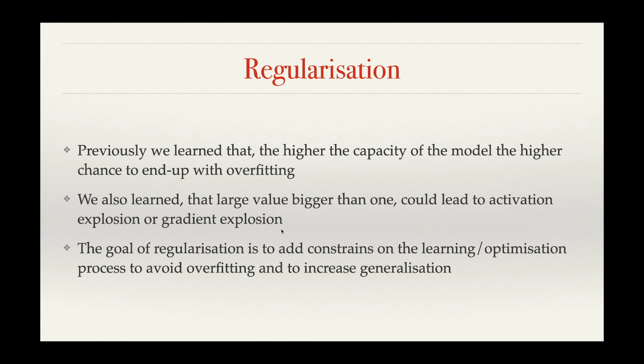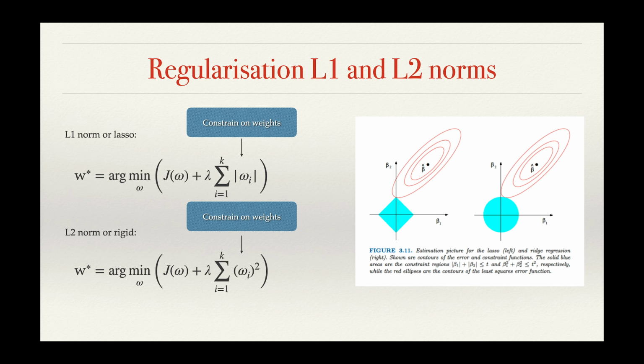We need to make sure that our weights are as small as possible, because the bigger the weights are, the higher the chance that we end up with a gradient explosion, and also the higher the capacity, which means a higher chance of ending up with overfitting.